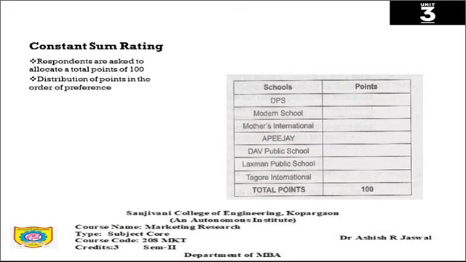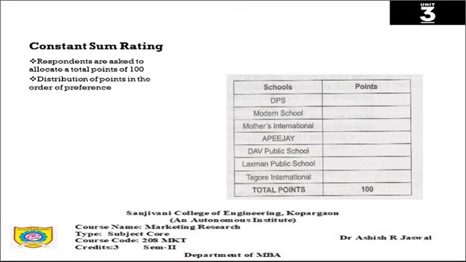Depending upon various factors, the parent would give points to various schools, with the sum coming to 100, which will help me analyze which school has the highest points and which has the lowest. It will help me to know which is the most preferred school by the students or parents in a particular locality or area.